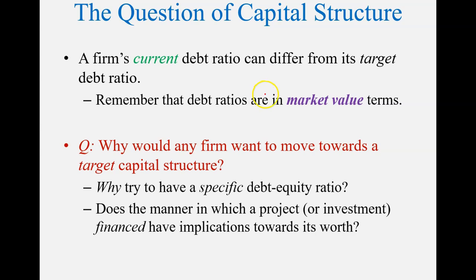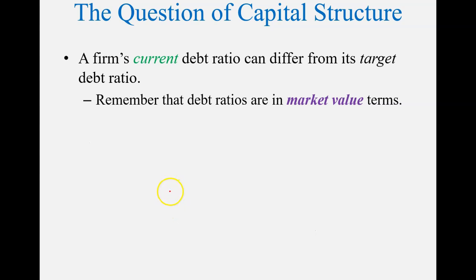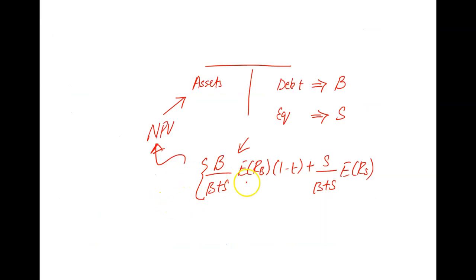And ultimately, what this boils down to is this question: does the manner in which a project or investment is financed have implications towards its worth? What I mean by that is this: if you go back to the slide, we just talked about this.